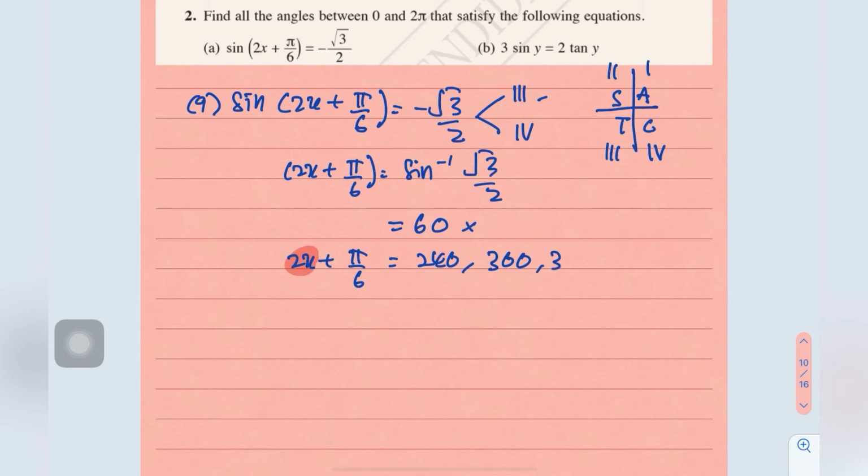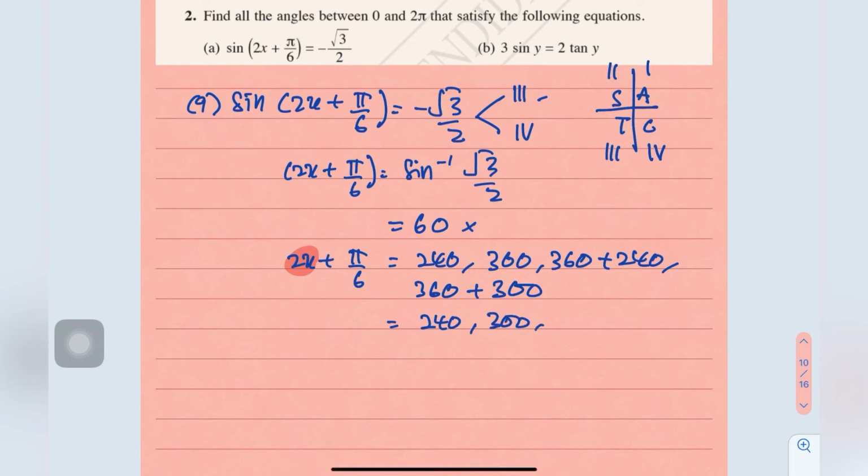Then we have another cycle: 360 plus 240 and 360 plus 300. So the values are 240, 300, 600 and 660. Okay, so pi over 6 is 180 over 6, which is 30.